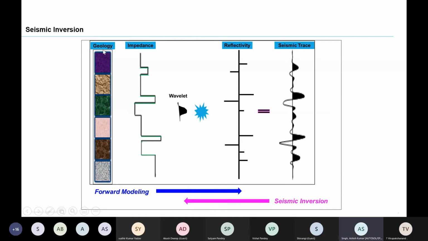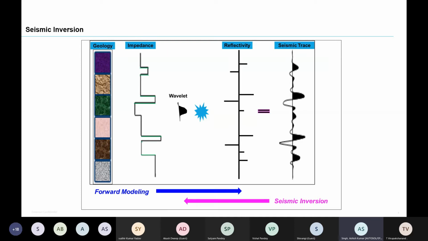Our mother earth has sand, shale, limestone, so many layers. If we know our actual layers and impedance, we can compute the reflectivity, and we convolve it with the wavelet, then we will get the seismic trace, which is an interface property.